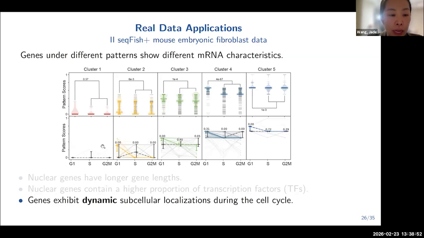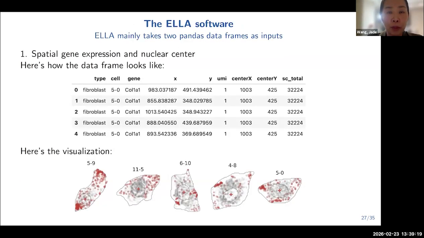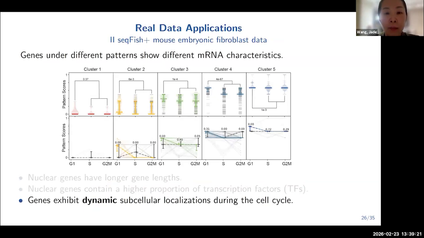Here we visualize the pattern score, which is the peak location of the enrichment, like at which position this gene is highly enriched, for example, at the nucleus or at the membrane. And we can see this peak location can vary across the cell cycle phases, which reflects the dynamics of subcellular localization across cell cycle phases. So that's the second real data analysis.